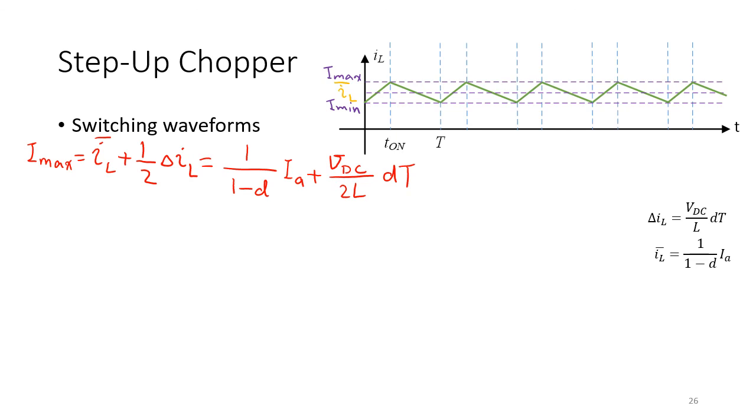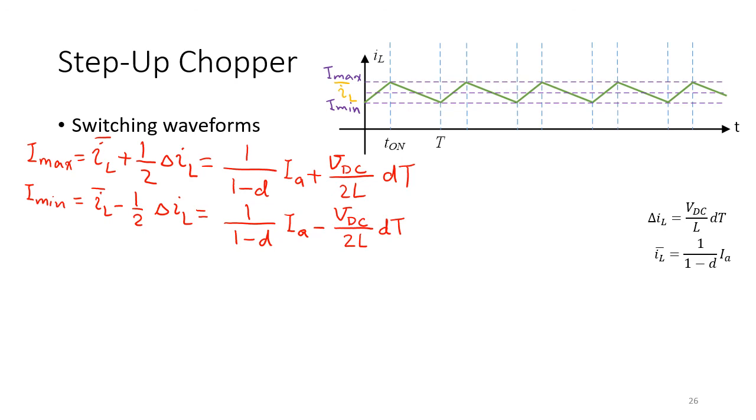We use these two equations we derived in the previous slide, and Imin is equal to IL average minus half of delta IL, which is 1 over 1 minus D times IA minus VDC over 2L times DT. But you remember one of the conditions we discussed? We said the input inductor current, this IL, should never cross zero. So Imin should always be greater than 0.